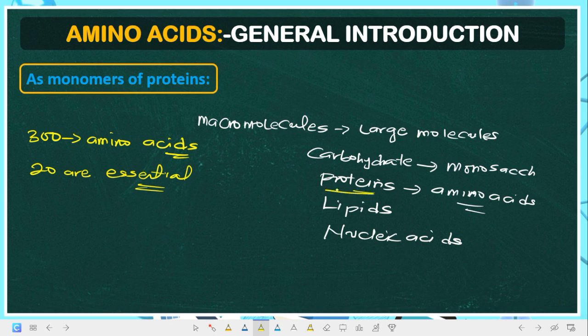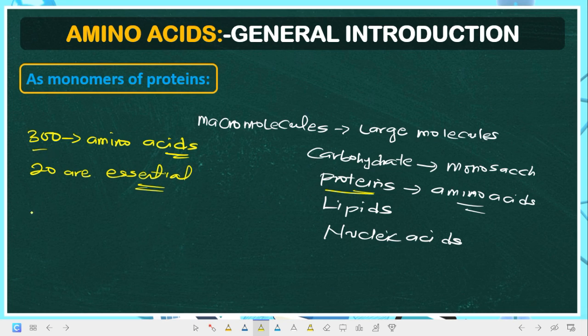So we can say that protein synthesis is brought about by only 20 out of the 300 amino acids that are found in living organisms. So that is all about the description of amino acid as monomers of proteins.